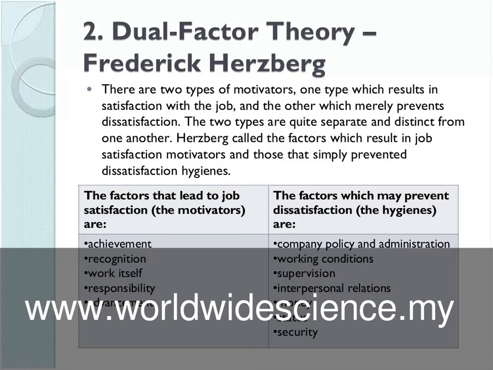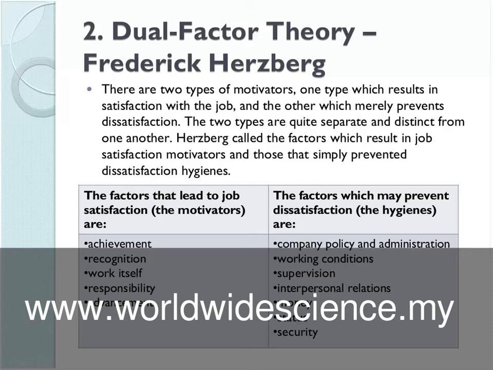And the factors which may prevent dissatisfaction, let's see, are company policy and administration. Working conditions means maybe you don't like the working conditions, they do not fit your work-life balance. The supervision, your supervisor, maybe you are not satisfied with your supervisor, with your top manager, let's say. Also interpersonal relations means you have not so good friendship or relationships with your colleagues. And also money could be a dissatisfaction factor, when you have a low salary and money becomes a dissatisfaction factor.